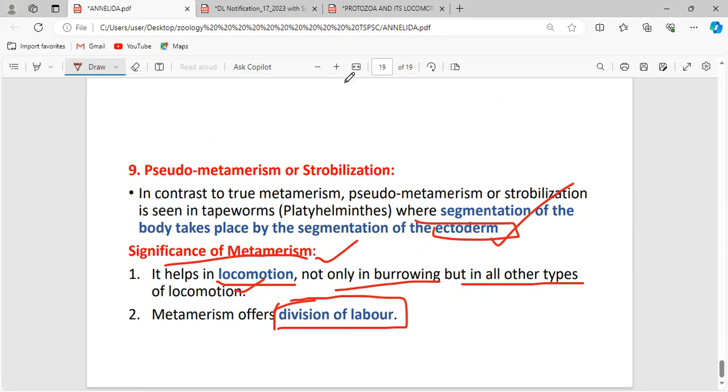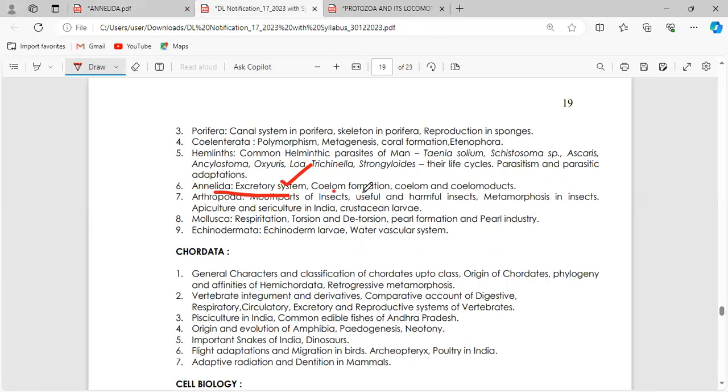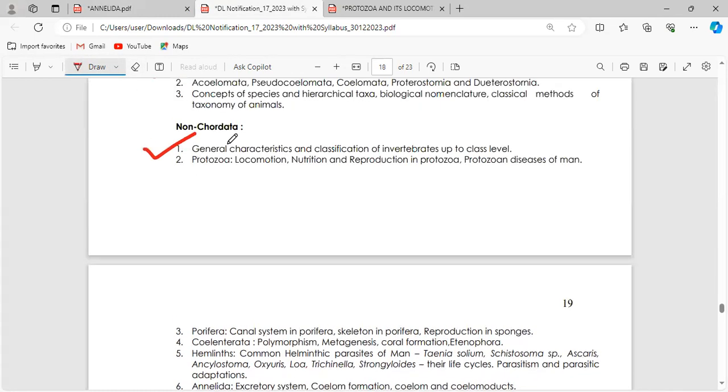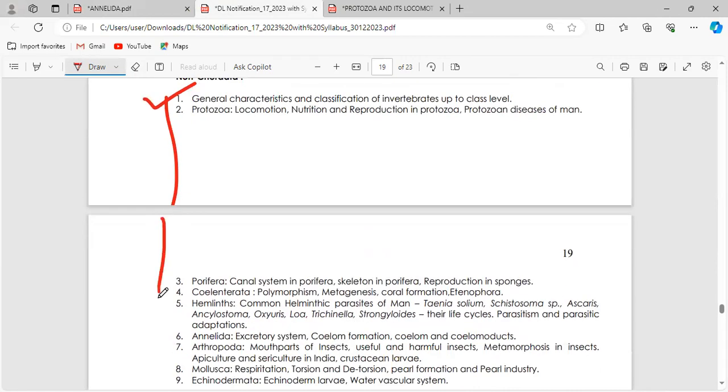Clear? That's all about phylum analysis. Now we have completed coelom formation, coelom and coelomoducts, and metameric segmentation. That's all about the phylum analysis. Up to this, if you have any doubts with respect to all these things, you can ask me now and I will explain once again. Any doubts or any other suggestions?